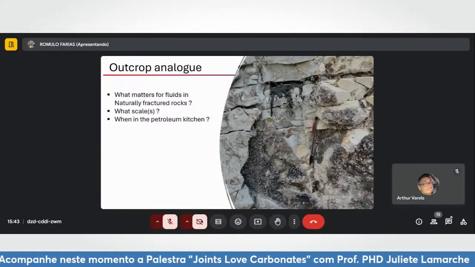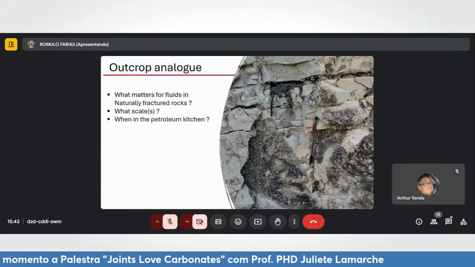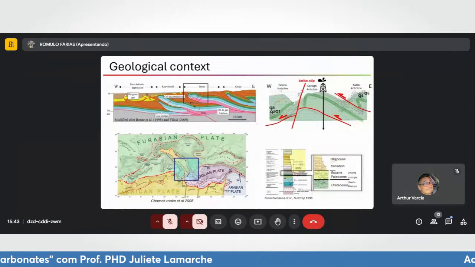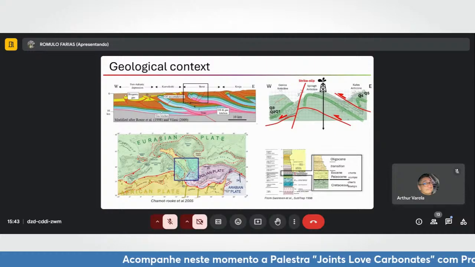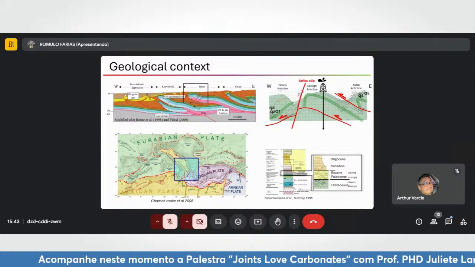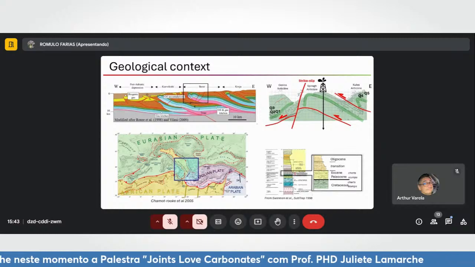So these are bitumen floating at the surface in Albania along fractures. So in Albania, we are here. This is Italy, and we are here, close to the subduction in the thrust belt.